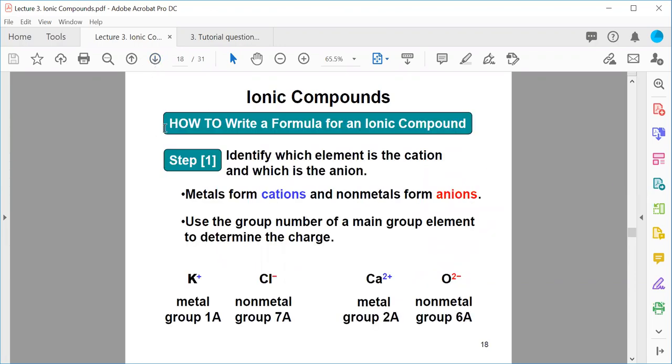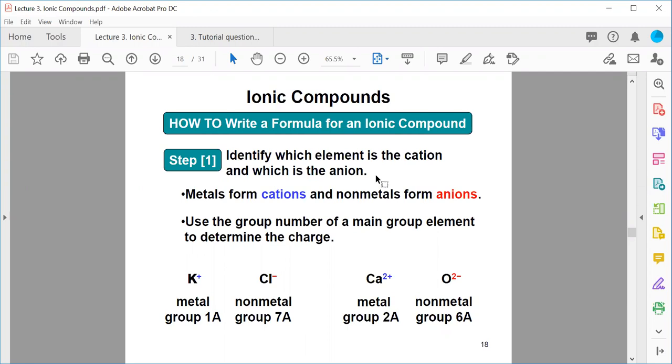All right, so let's now look at how to write a formula for an ionic compound. I won't be asking you to do this, but it certainly helps just to look through these steps. Step 1, identify which element is the cation and which is the anion. So you'll be referring to some of the tables that we've already referred to in this lecture.